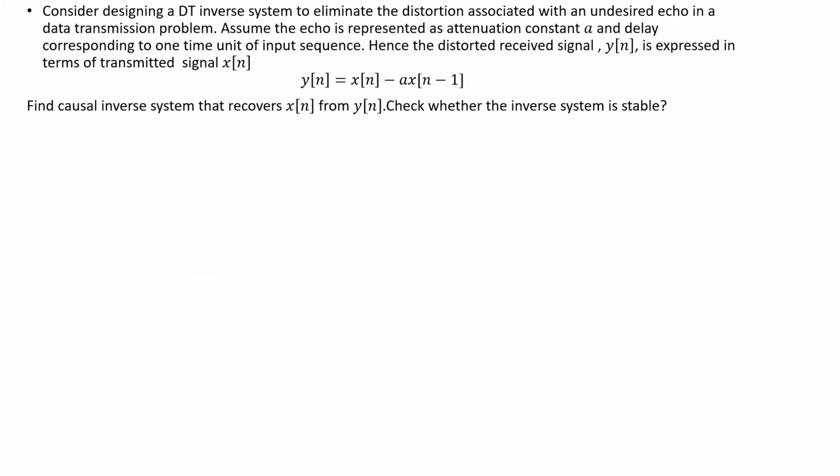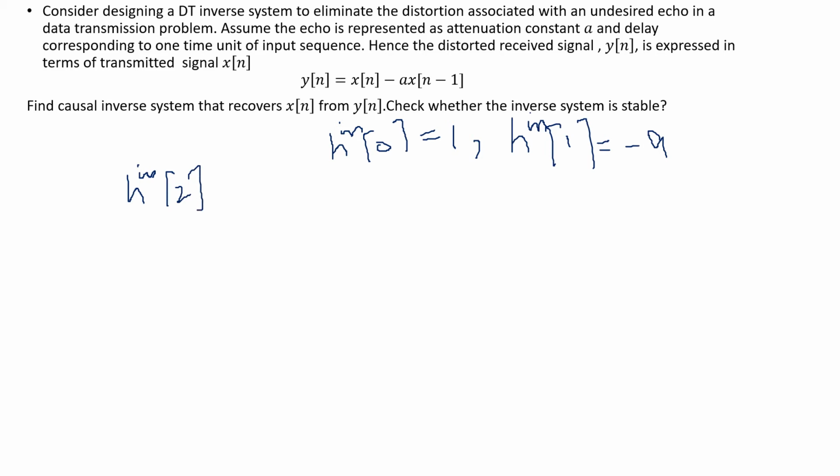So similarly, h inverse of 2, I'm putting n equals 2, equals a plus h inverse of, you understand, this is n minus 1, so 2 minus 1 will be 1, so this is equal to impulse of, not n, in fact 2.